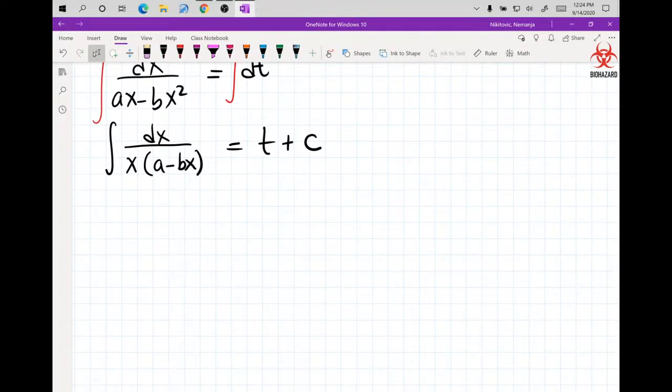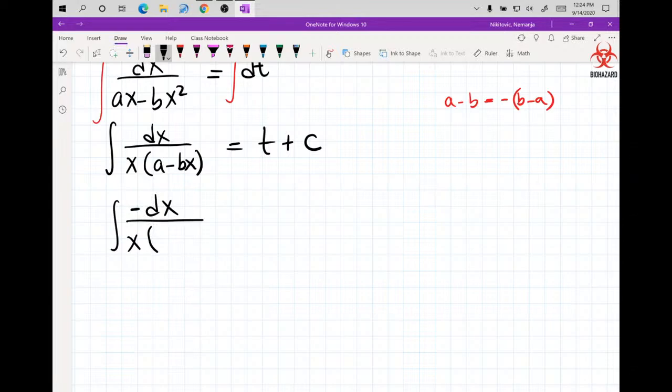So the first thing is, from algebra, we're going to remember that a minus b is the same as negative b minus a. So that's a very useful thing, because I know that I need to write this backwards. So it's going to be a negative, which I'm going to put upstairs, and then have a bx minus a over here. And then also for partial fraction decomposition, we know that we like to have that x alone.